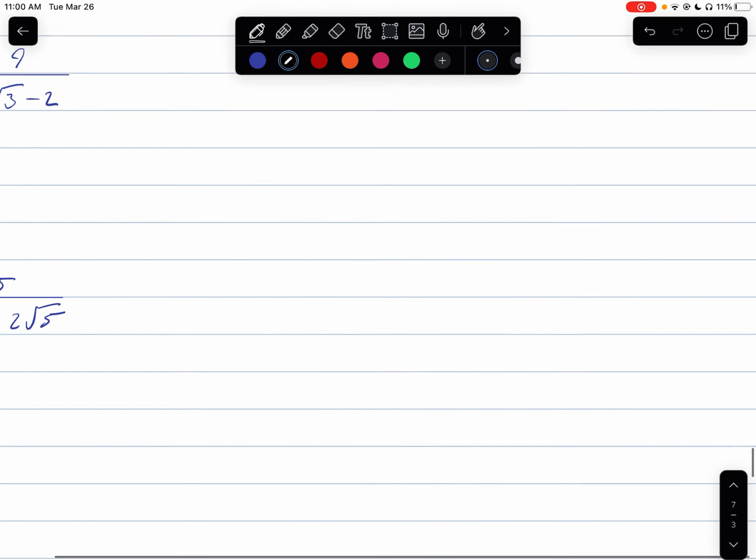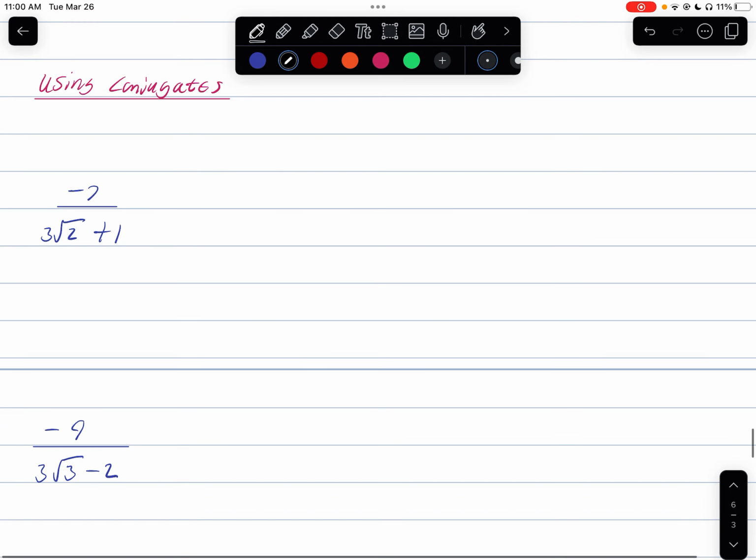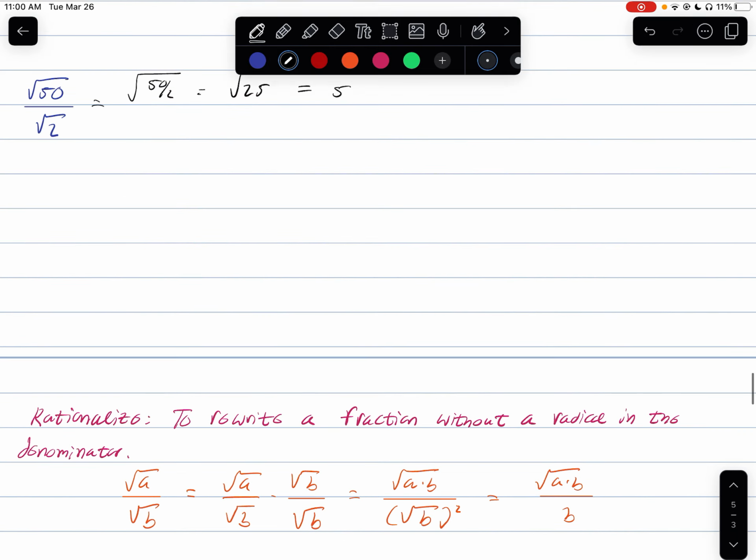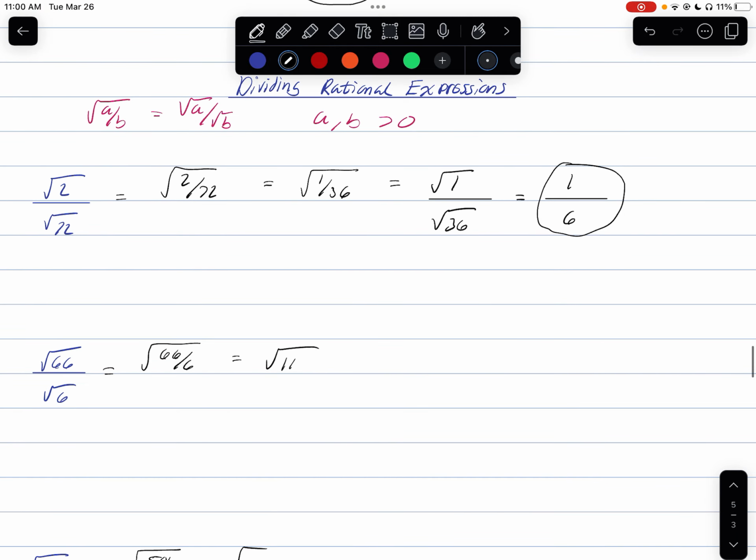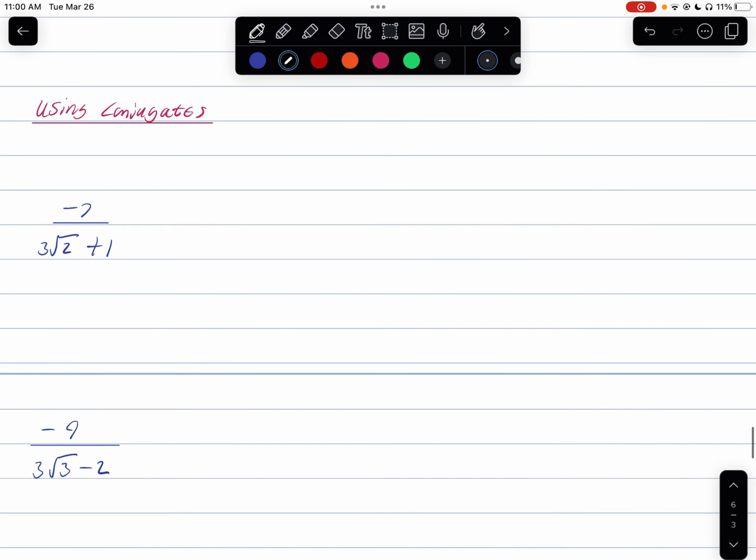Okay? And sometimes you may want to use conjugates in order to simplify a denominator.